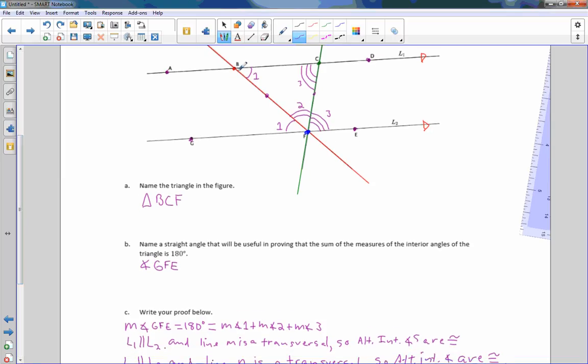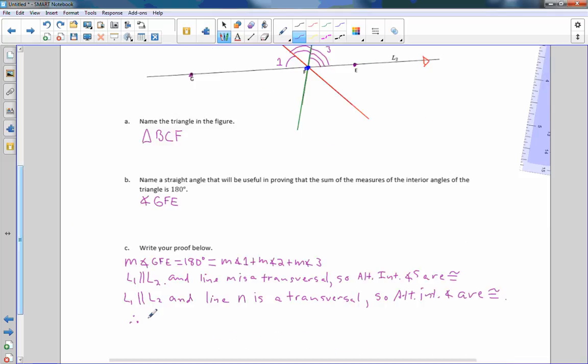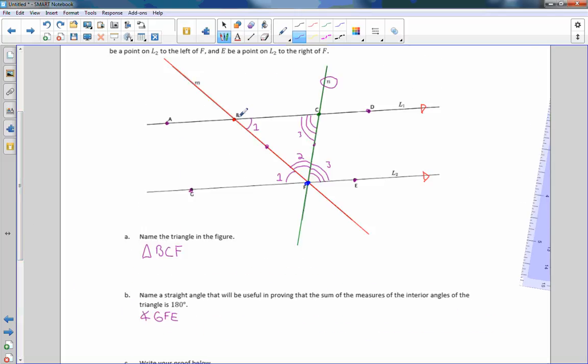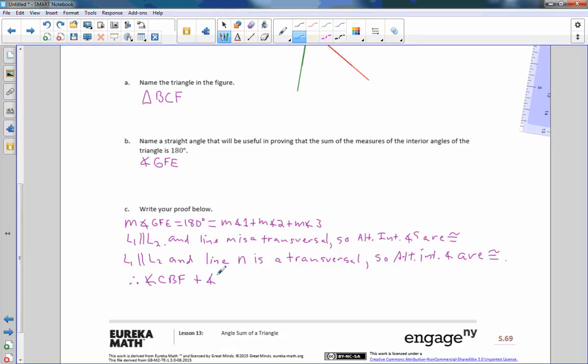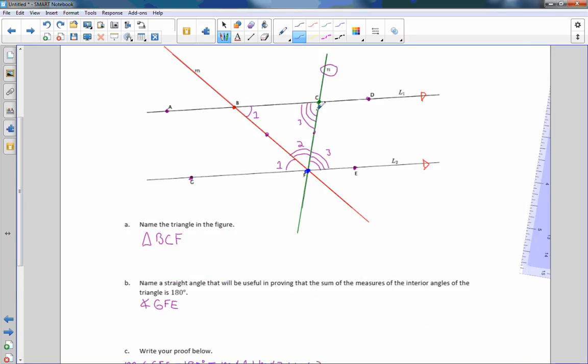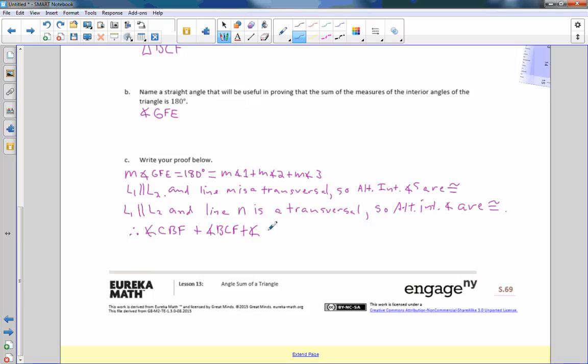Okay, so now I'm going to name these angles. I can't just call it angle B, I'm going to say angle CBF. Therefore, angle CBF plus angle BCF plus angle CFB, that's angle 1, 2, and 3.